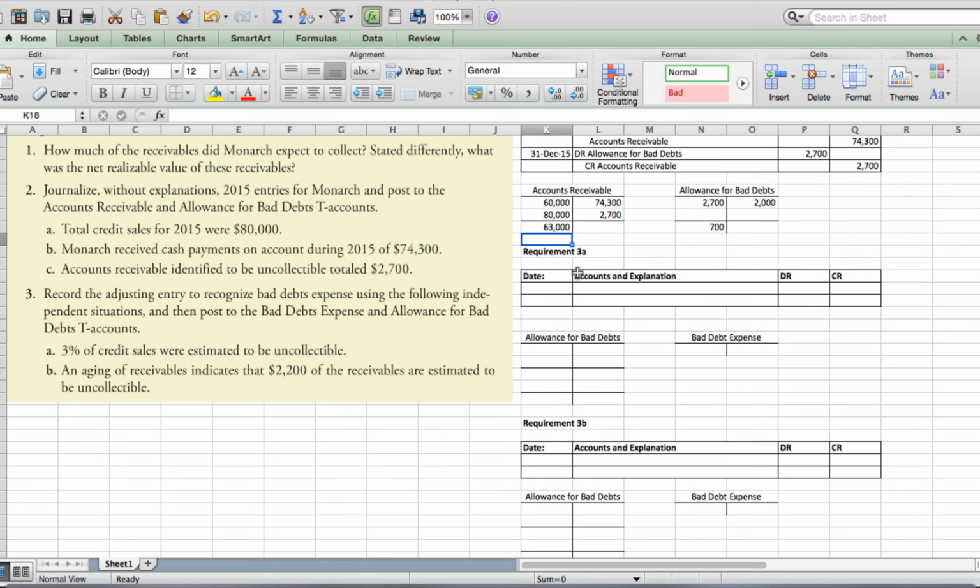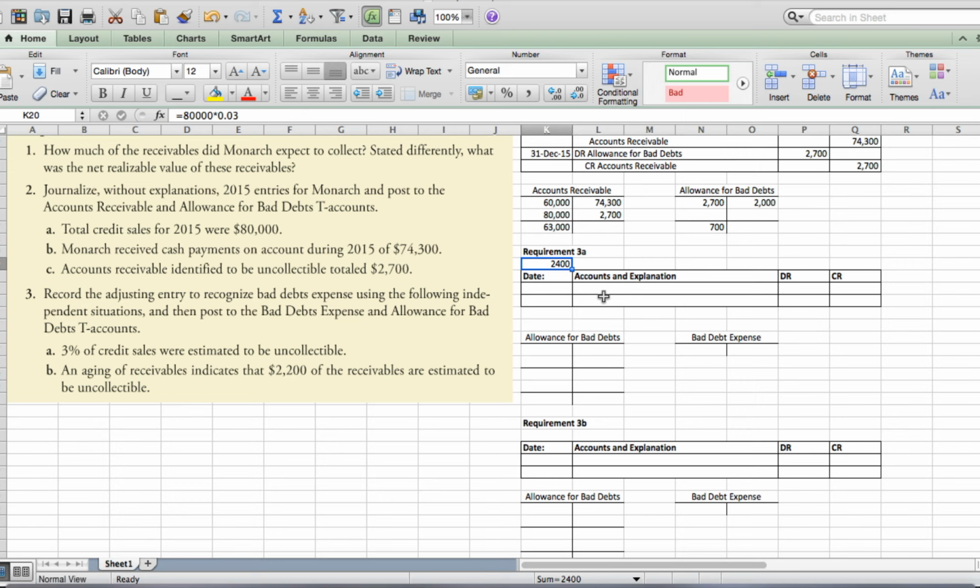So for the percent of sales number, I'm just going to do $80,000, which was my net credit sales, times the percent that I'm given here, 3%. And that gives me $2,400 is my estimate of the amount of accounts of those credit sales I made this year that are not going to be collectible.